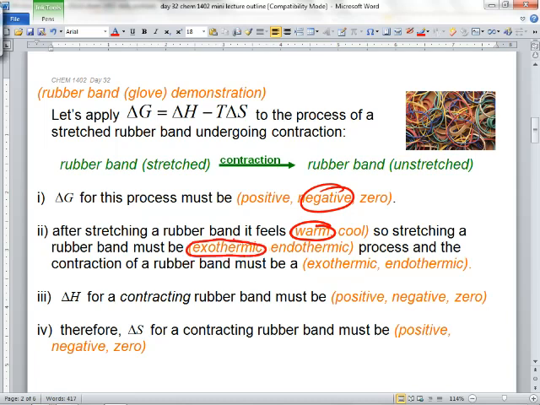Well, if stretching a rubber band is exo, then the contraction of a rubber band must be endo. Is it the same amount?